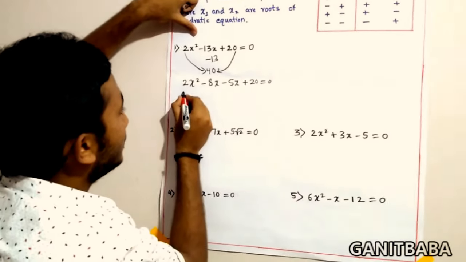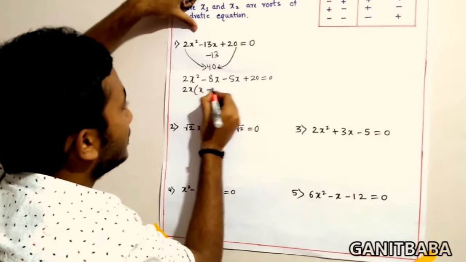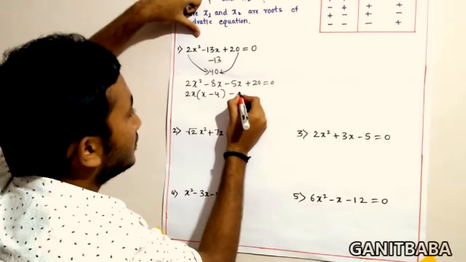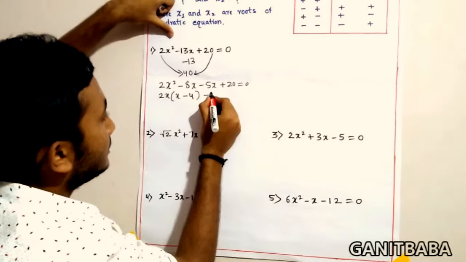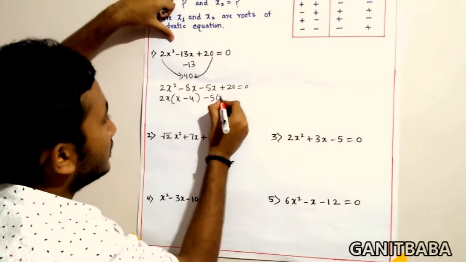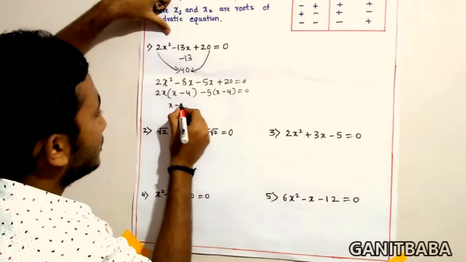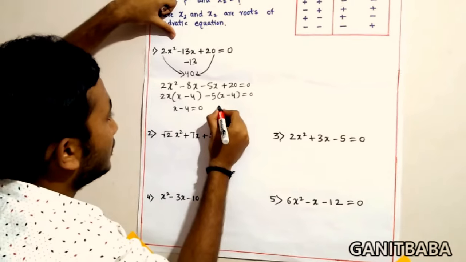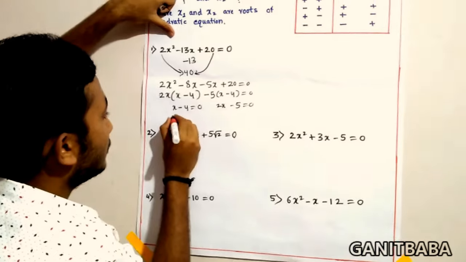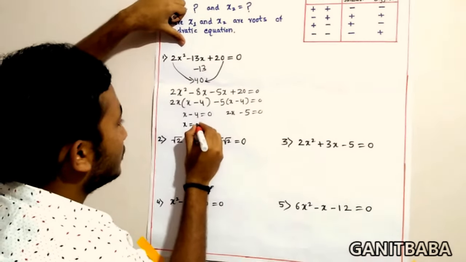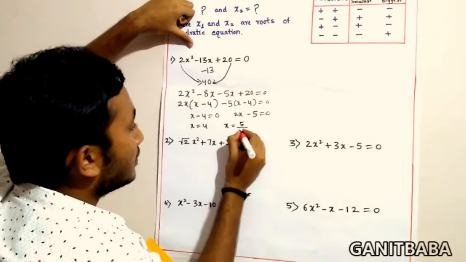What we will do here, in traditional method, we will take 2x common, and this is x minus 4, and we'll take minus 5 as common, that is x minus 4 equal to 0. Then we will get x minus 4 equal to 0, 2x minus 5 equal to 0. So we will get x is equals to 4 and x is equals to 5 by 2.